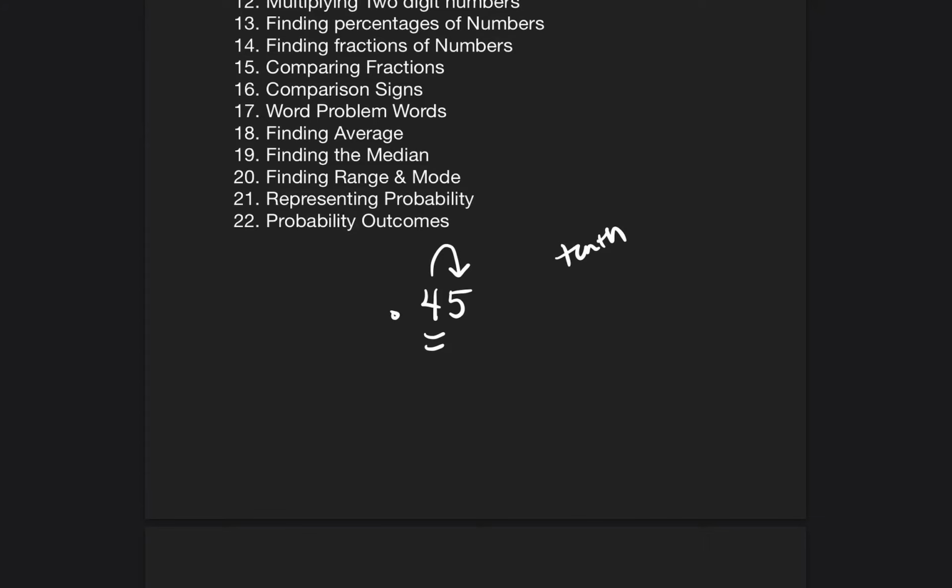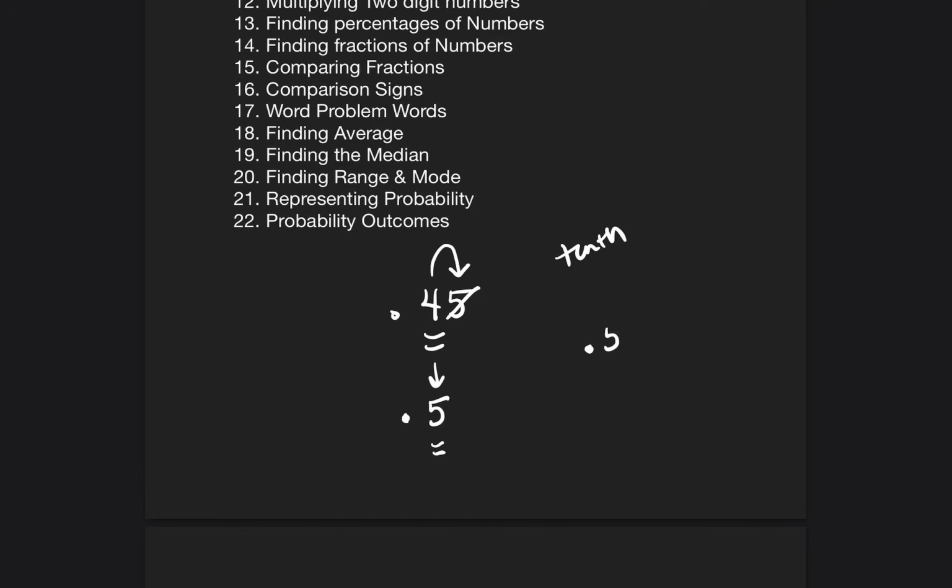If it's 4 or below, then I keep 4 the same and drop all the other numbers. So I make an arrow to the 5. It's 5 or above, so I'm going to change the 4 to a 5. And I drop anything that was after this place value.